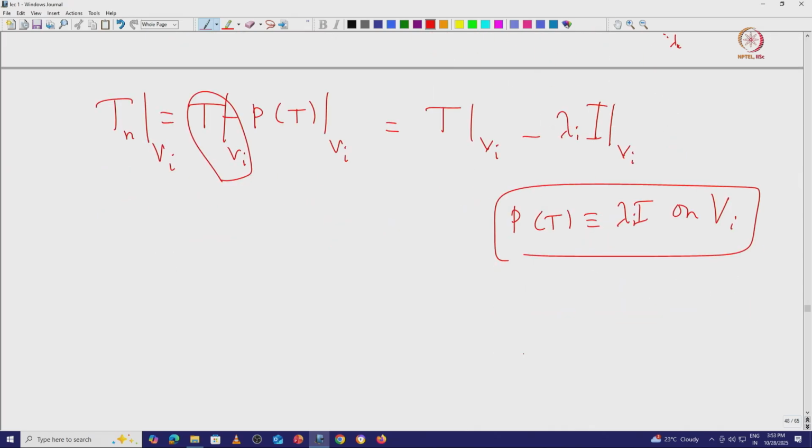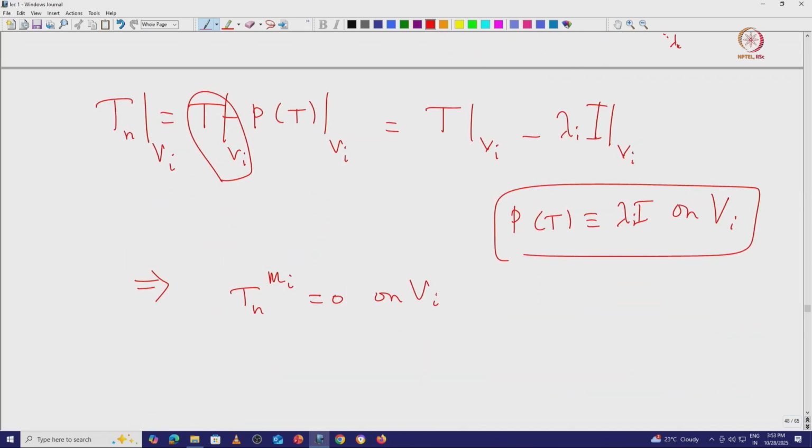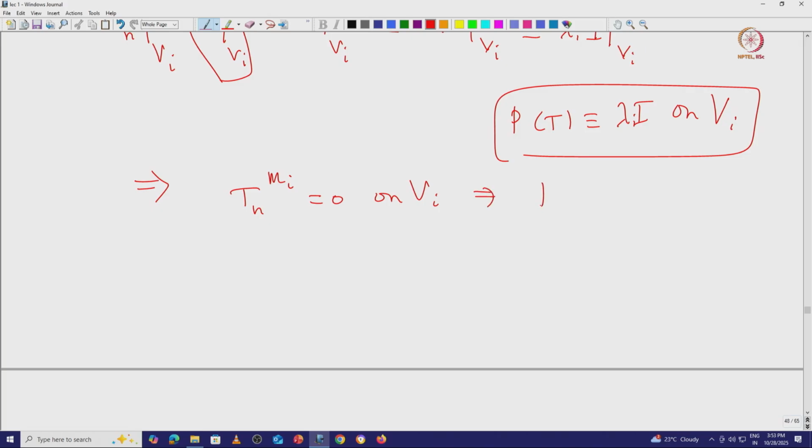Okay. So, this implies immediately that T_n power m_i is 0 on V_i. Now again V is the direct sum V_1 etcetera V_k, that would imply immediately that T_n is nilpotent.